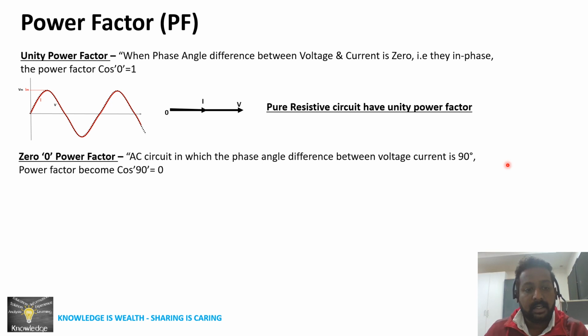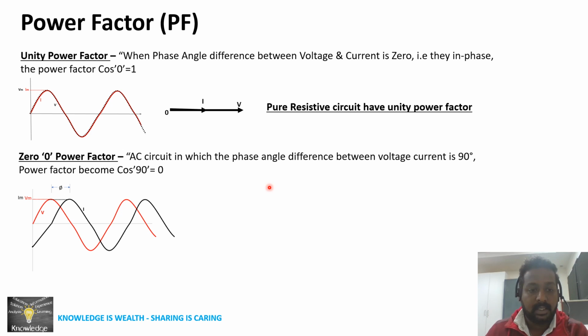In a phasor diagram you can see exactly the voltage and current, either lagging or leading, at exactly 90 degrees. So phi value becomes 90, and cos phi, the power factor, becomes 0.